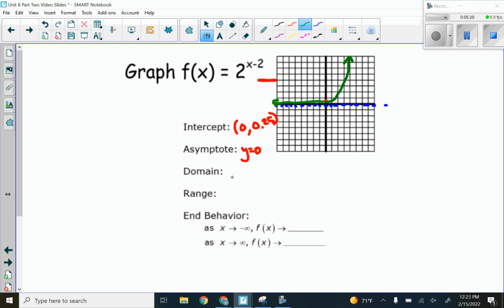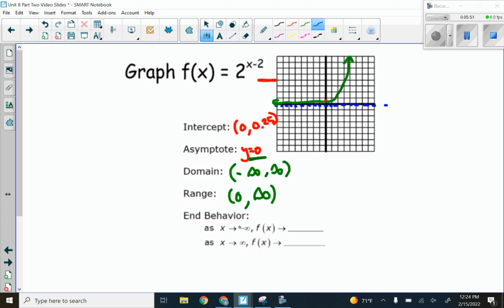So our domain, because this is exponential, we're still going negative infinity to positive. So we go left all the way, and we'll go right all the way. Our range, we only go as low as our asymptote, 0, but we never touch it, so it's a parenthesis. And we're going up forever, so positive infinity.